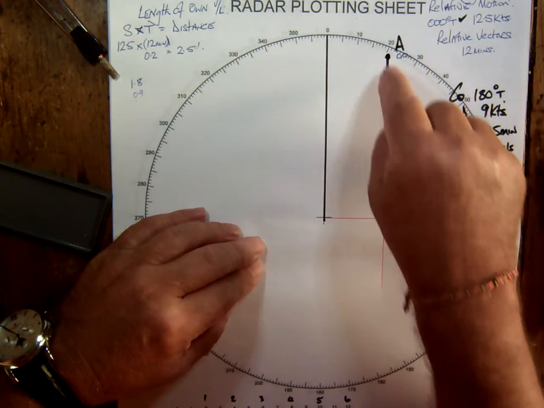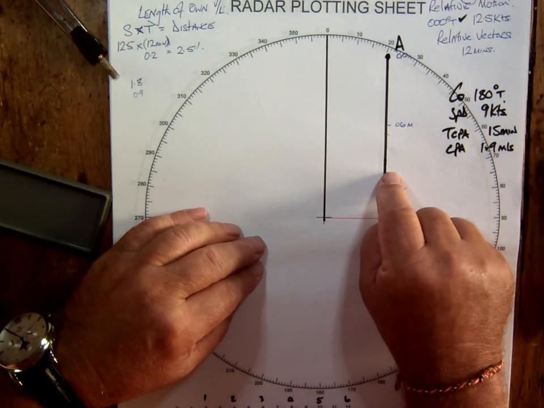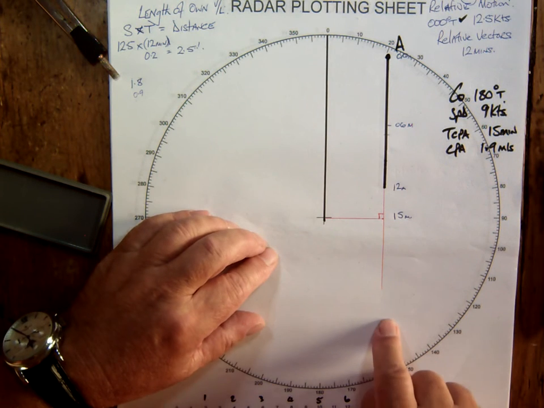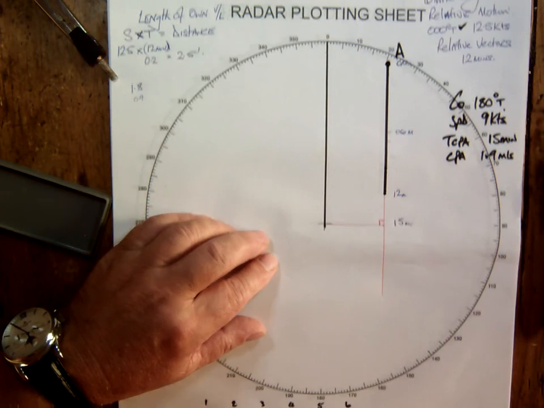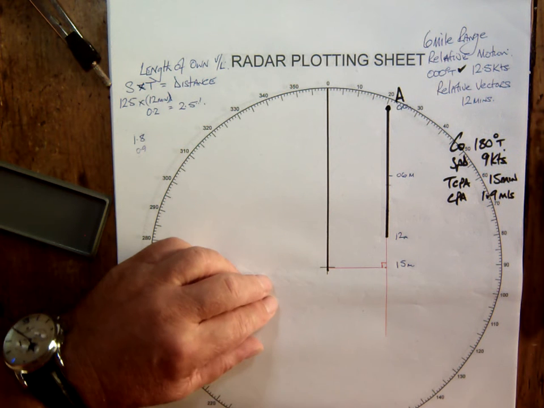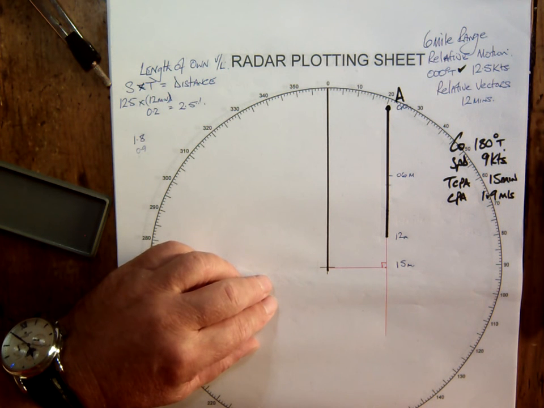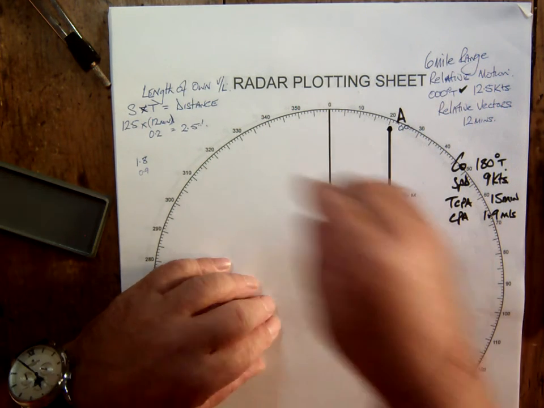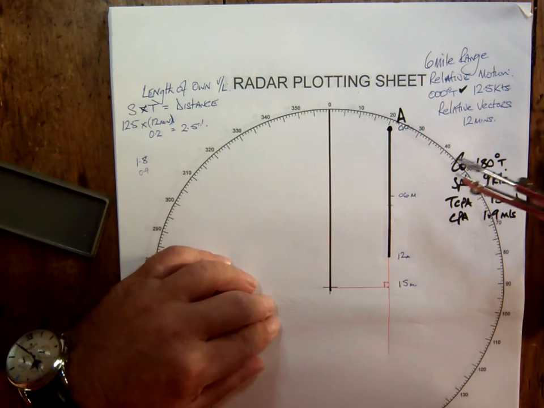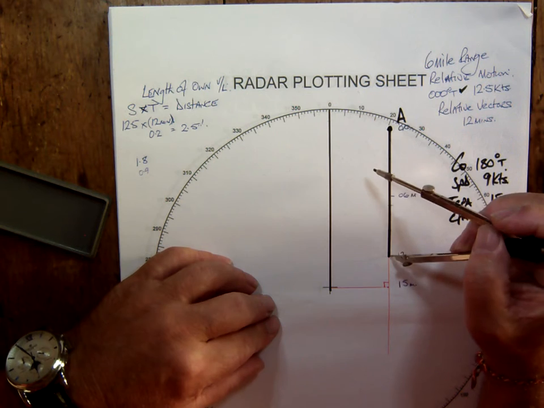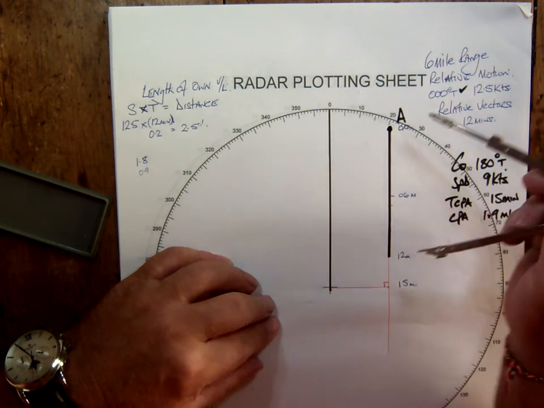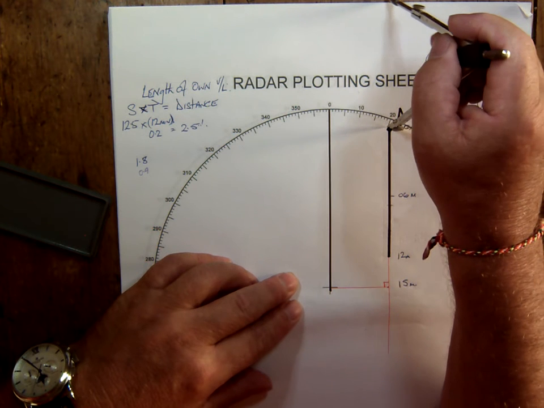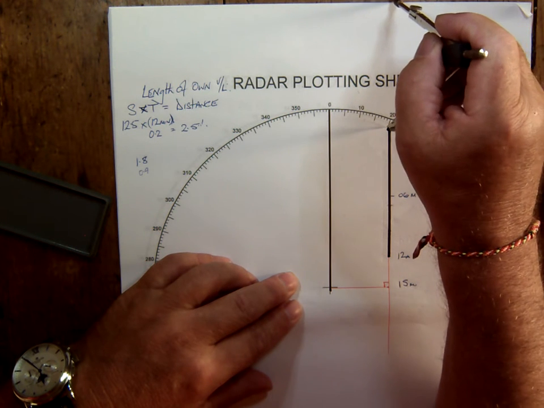So provided that both of us maintain our course and speed, then she will follow this track down. If, however, I was to try and work this out as an OAW triangle, then what I need to do is I need actually to step this back, because this is a forecast. So in actual fact, she will be back here. Yeah? So that would be O.